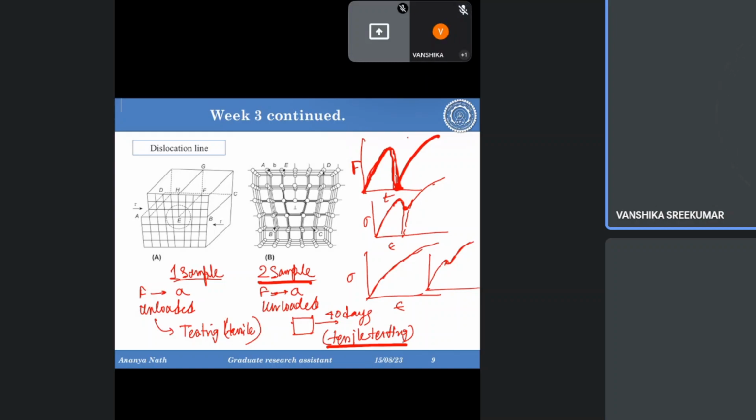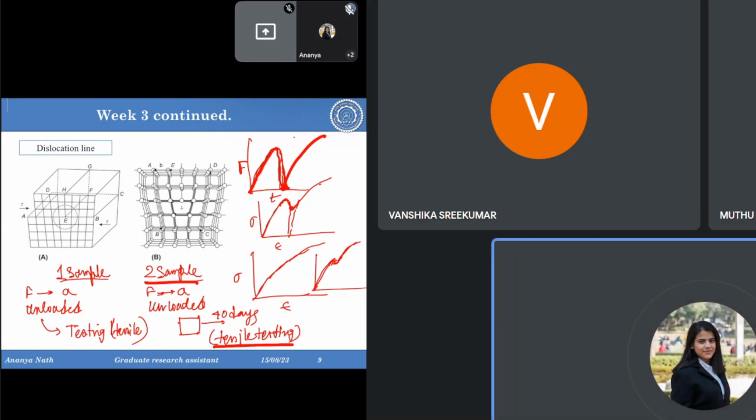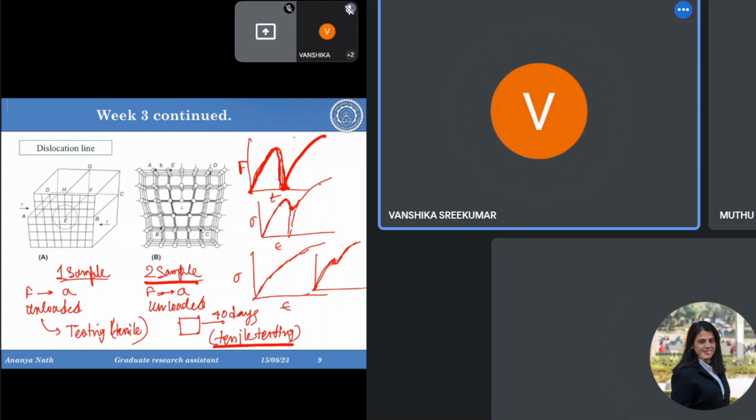This appears not due to aging, but due to the normal material, the dislocation and solute atom interaction. This lower yield point happens because of that restriction, and then it is free to move. Okay, ma'am, I get it.